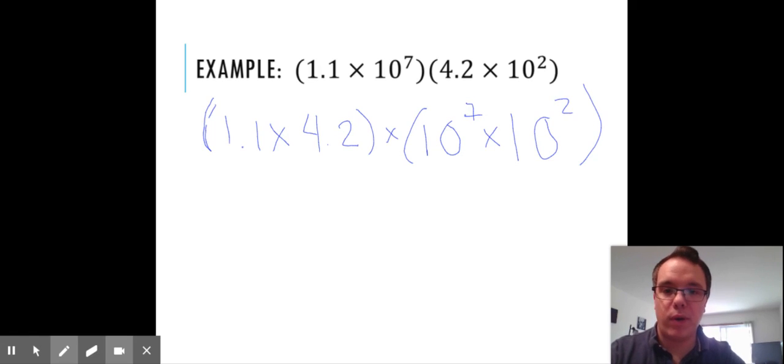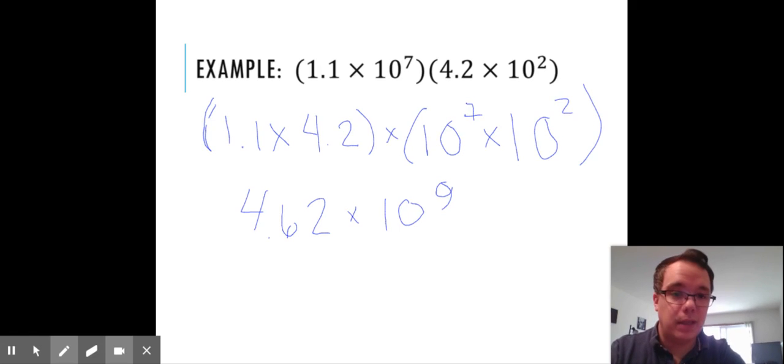If we put 1.1 times 4.2 into a calculator, we get 4.62. And if we take 10 to the 7th times 10 squared, those are two powers with the same base. So we're going to add our exponents. So times 10 to the 9th, because 7 plus 2 is 9.